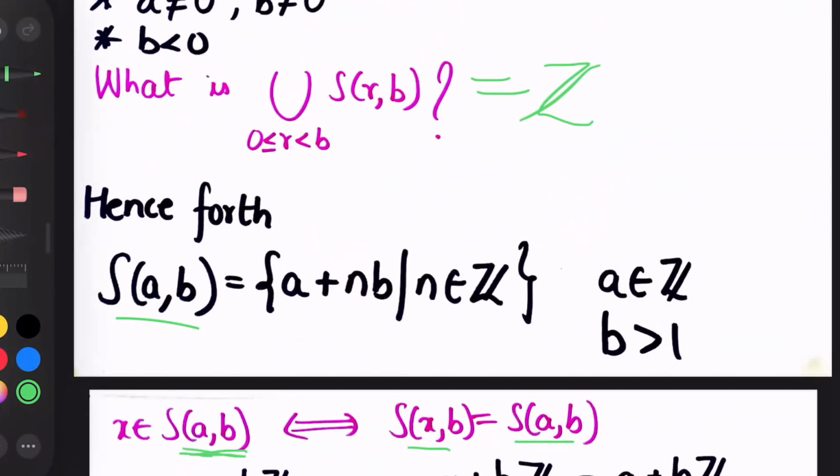So if X belongs to A plus BZ, then we know X minus A is in BZ. And if X minus A is in BZ, then both of these left cosets, X plus BZ and A plus BZ, are the same. And the reverse way of proof also follows from the same arguments written backwards. So this is another observation that we make.